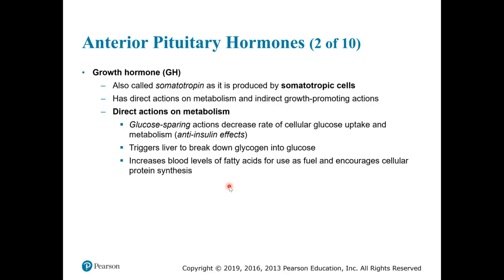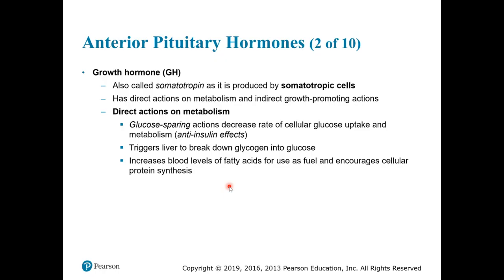And high levels of growth hormone will decrease the rate of glucose uptake, promote use of fats as a fuel source, and trigger the liver to break down glycogen into glucose. There's an A&P1 topic for you. Remember what glycogen is?